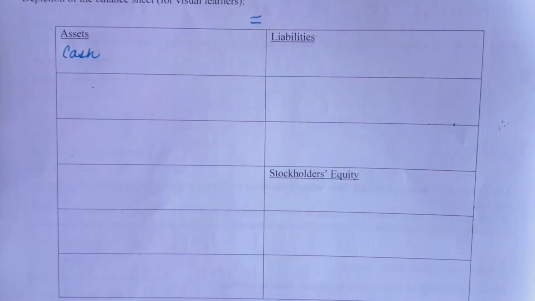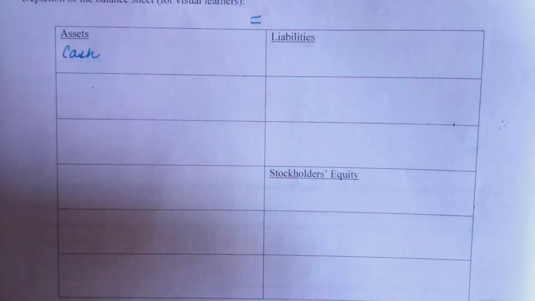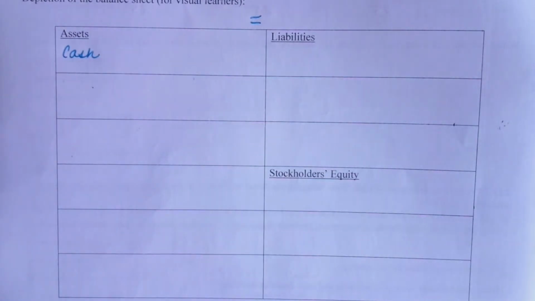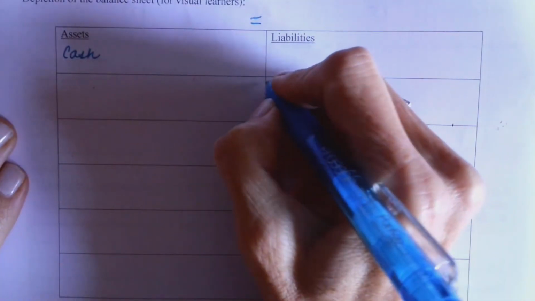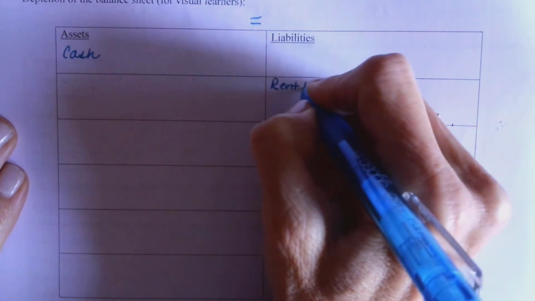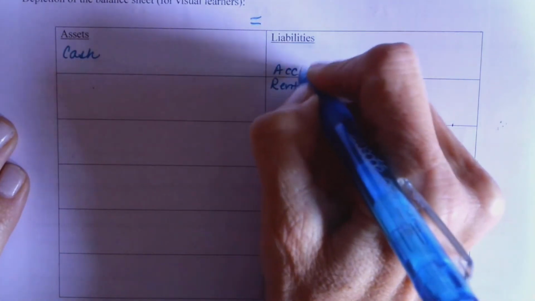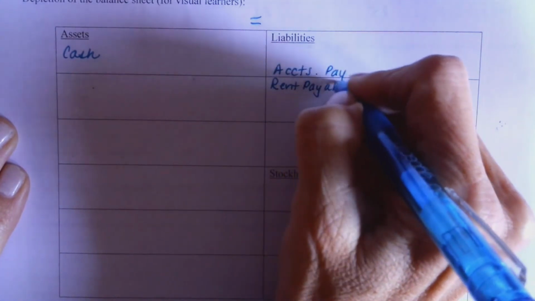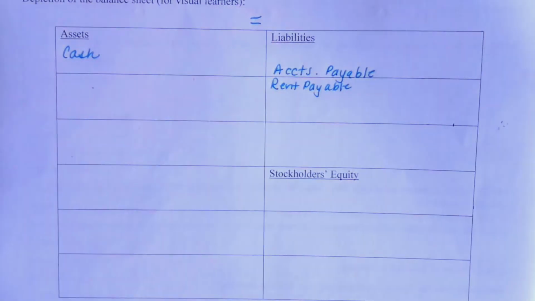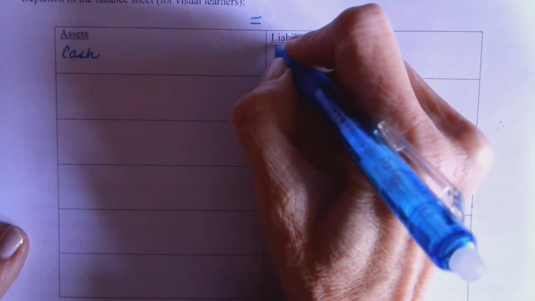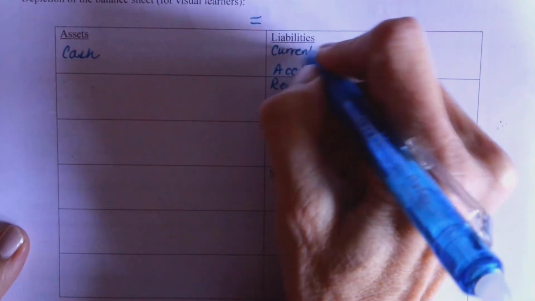Can you guys give me some examples of liabilities and stockholders' equity accounts? Rents payable? Okay. Accounts payable. Good. And these would be current liabilities, right?